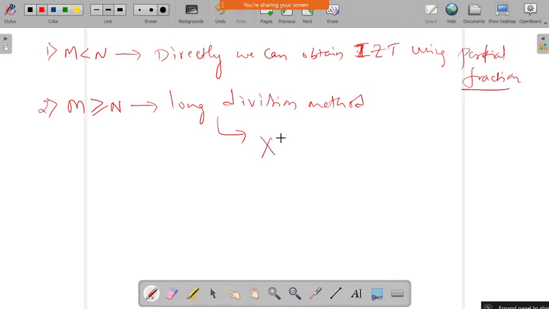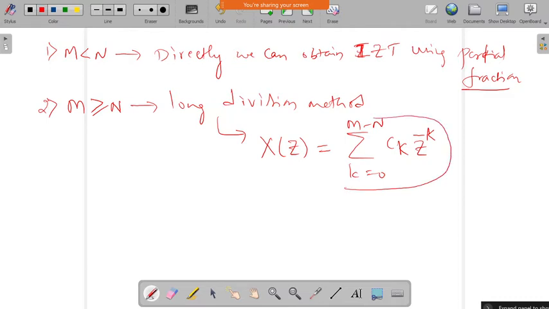In this we can represent x of z as the summation k equal to 0 to m minus n of ck into z power minus k. This is the value we get after the division, plus the remaining term, b dash of z divided by a of z.